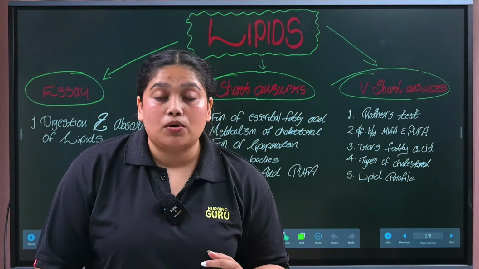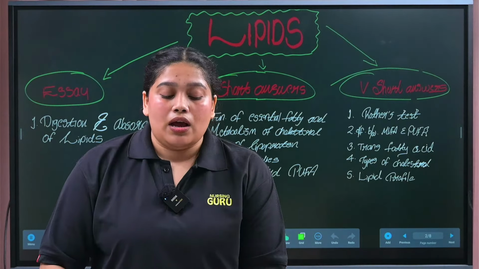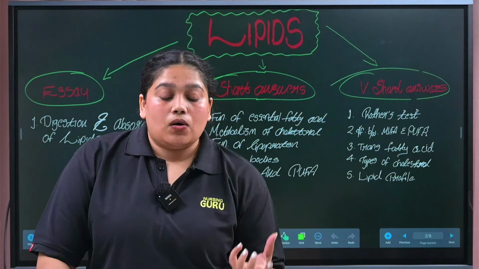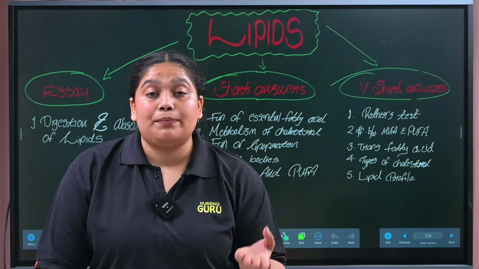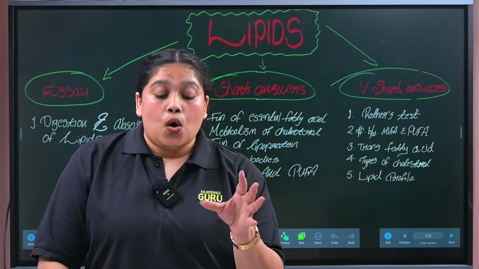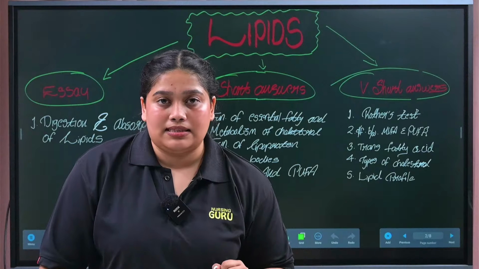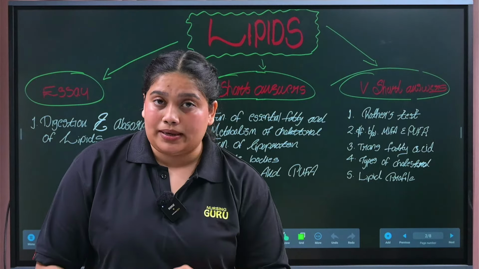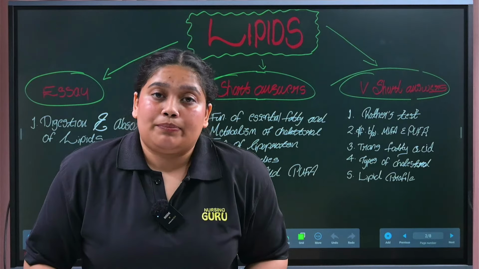Then we'll move on to the second question, that is metabolism of cholesterol. How does the metabolism of cholesterol happen? First you have to write down what is metabolism of cholesterol, and what all it includes. Mainly it includes lipids and lipoproteins, and you have to write the functions of lipids and lipoproteins. Also there are 2 types of metabolism pathway: first one is the exogenous pathway for lipid metabolism, second one is the endogenous pathway for lipid metabolism.